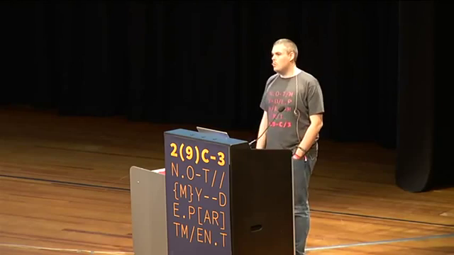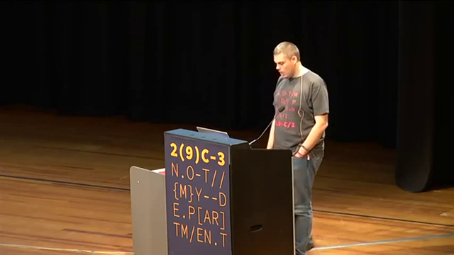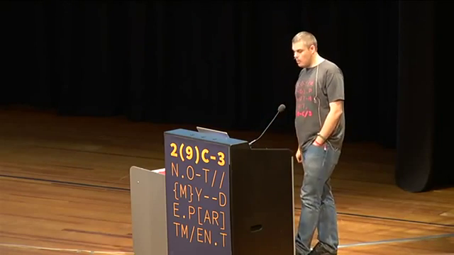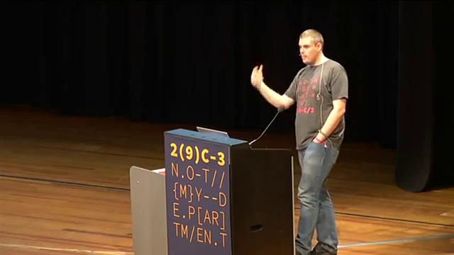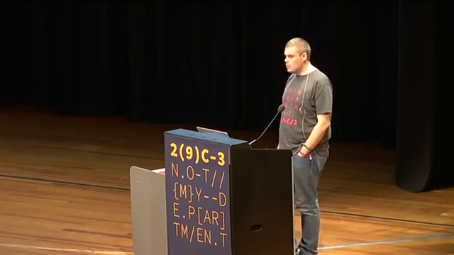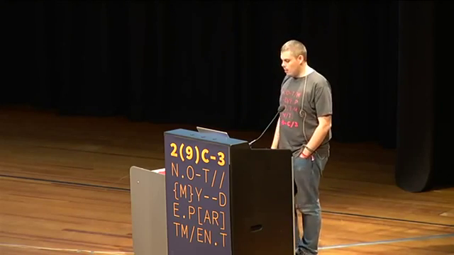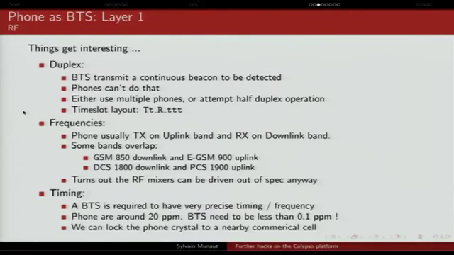As I mentioned before, uplink and downlink use separate bands. So the phone usually receives the downlink and transmits on the uplink, and the hardware is kind of tied to that.